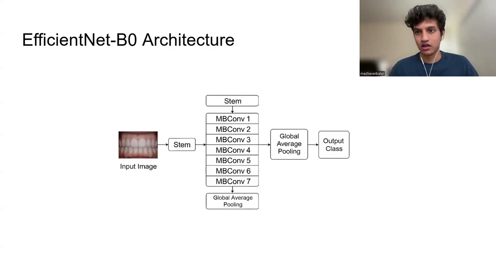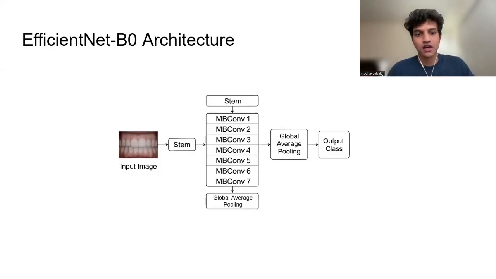The MB convolutional blocks are the real workers of the model. EfficientNet has 7 of these blocks, each designed to process the image deeper and smarter. They are lightweight but powerful, using special techniques like depthwise convolution and attention to focus on what really matters in the image.